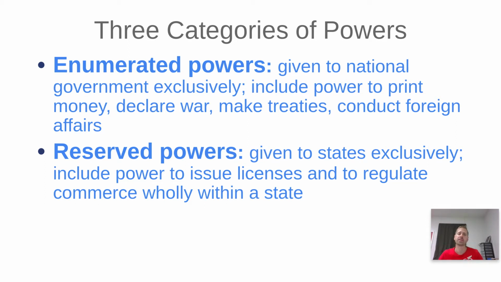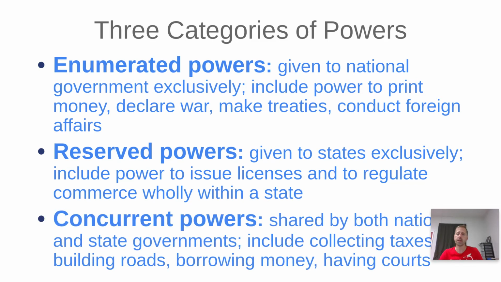So anything that's not listed in the Constitution as a power of the federal government is a power of the states, and we call those reserved powers. There are some powers that the federal government and state governments both have, and these are called concurrent at the same time. And so these are powers shared by both the national and state governments.